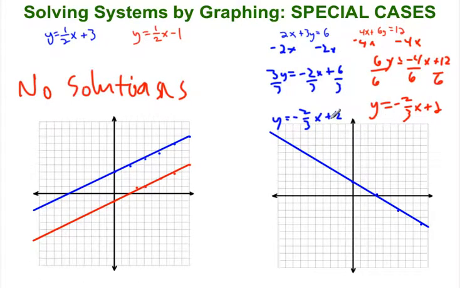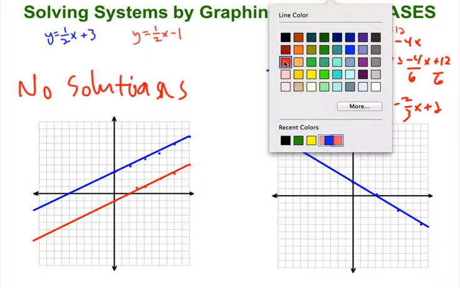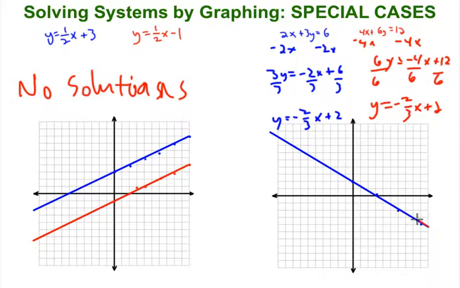What do you notice about these two equations? They turn out to be exactly the same. So what can you expect from the solution? What do you think the line of this one will look like? Well, it's going to be the same exact line. It's going to fall right on top of that blue one. So they are in fact the same line, which means that this is a situation where we have infinite solutions.